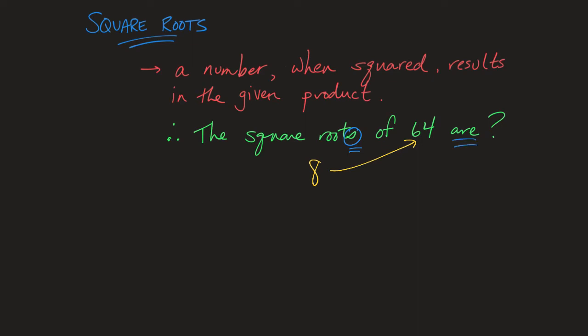In fact, I also told you that they were plural because I said are. So what's my other number that, when squared, results in 64? For some of us, we might think of this as a trick question, and by no means is it a trick question. But I hope that we also recognize that -8 would also do that.